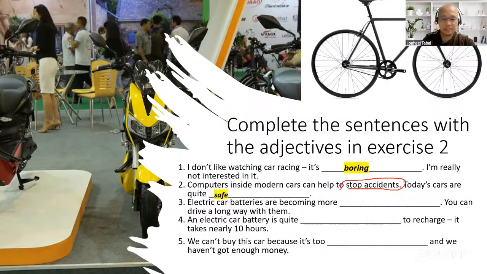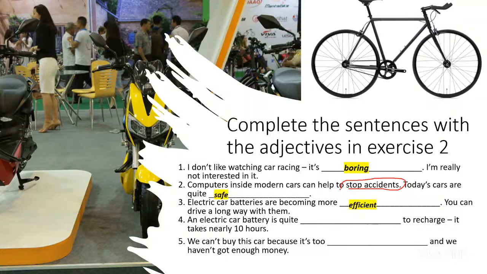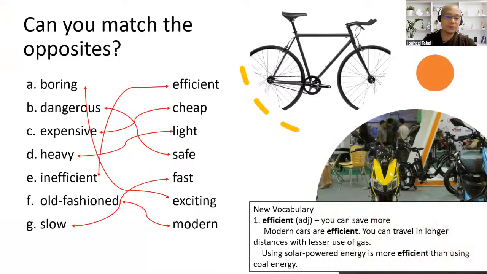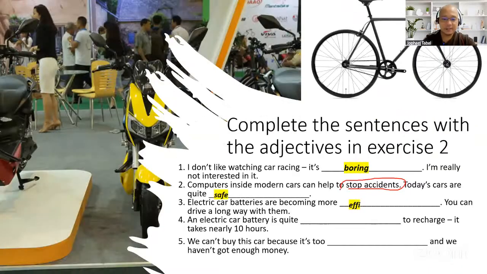So it should not be eco-friendly. It should be efficient. You can drive a long way with them. So the answer should be found here. Your car should be efficient. You can drive a long way and you can save more money.